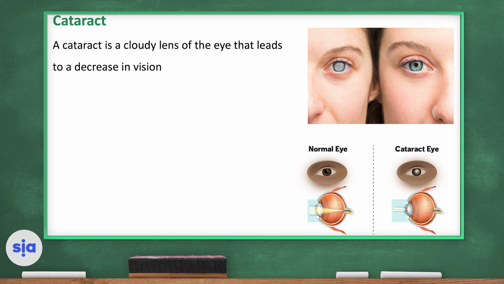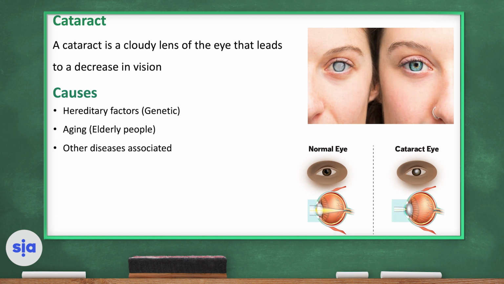The normal lens is always transparent. Causes of cataract. Sometimes there are hereditary factors, genetics. It's inherited from one of the parents. Sometimes it's due to aging. So old people are liable to have cataract. Some diseases are associated with cataract.